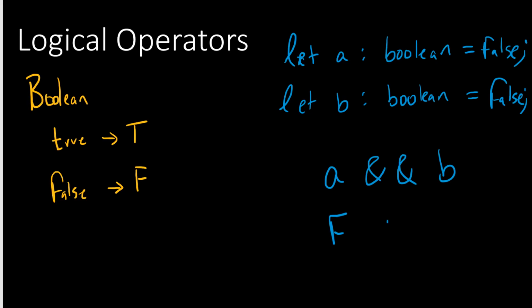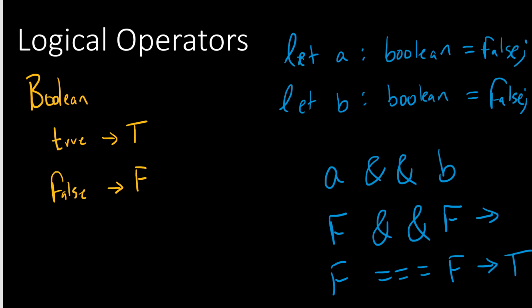Well, this is false and false. False and false is always going to evaluate to false, right? And this is different from is false equal to false. This is where there's confusion. So false is equal to false will be true. False and false will always be false. The only way to get a true value using the AND operator is when both sides are true. Both parts of this Boolean expression must be true.